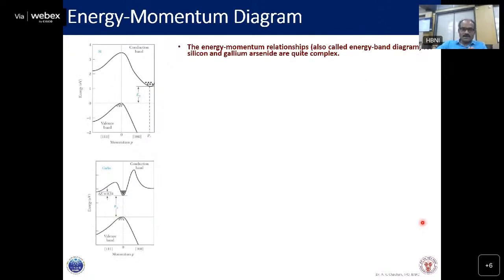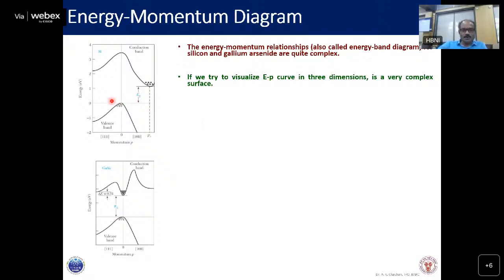Now let us see the energy momentum diagram. The energy momentum relationship is also called the energy band diagram. If we try to visualize the E-P curve in 3 dimensions, it is a very complex surface.